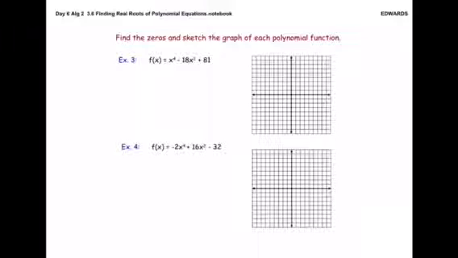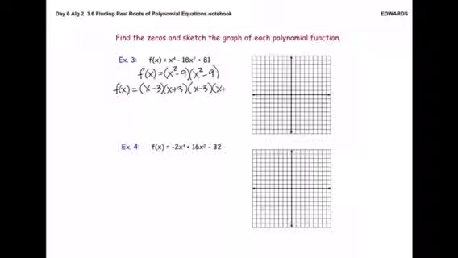Find the zeros and sketch the graph of each polynomial function. Looking at example 3, we can see that f of x is equal to x to the 4th power minus 18x squared plus 81. I recognize that I can factor this function as x squared minus 9 times x squared minus 9, because this is a perfect square trinomial. And then I recognize that x squared minus 9 is the difference between two perfect squares. So to factor that further, I get x minus 3 times x plus 3 and x minus 3 times x plus 3.